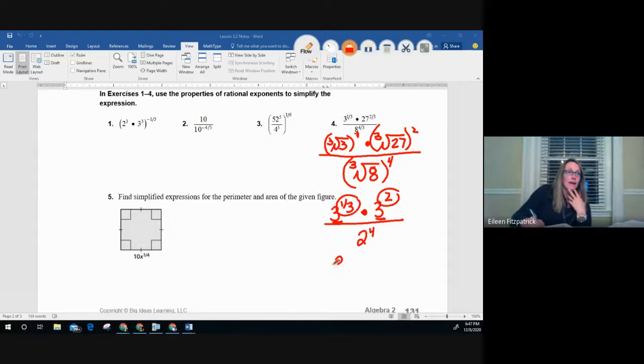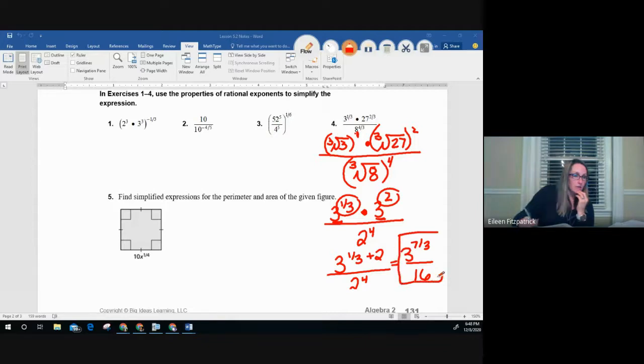You write down the base and you add the exponents, 1/3 plus 2, over 2 to the 4th. Now 1/3 plus 2 is going to be 7/3. So it's 3 raised to 7/3 over 2 to the 4th, which is 16. And that would be your final answer there.